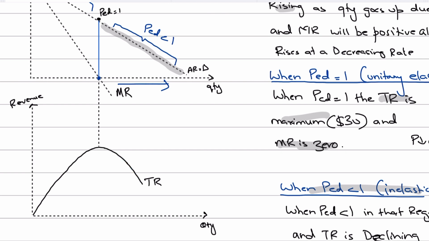And also, your MR is negative. So in this entire range of output where PD is inelastic, your MR would be negative. And the reason is that your total revenue is going down. So definitely your MR is negative because it's pulling the total revenue down as well.